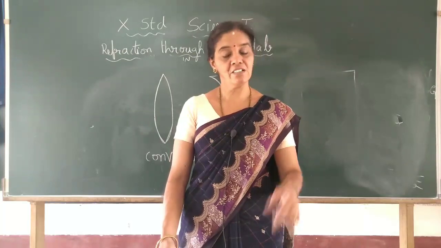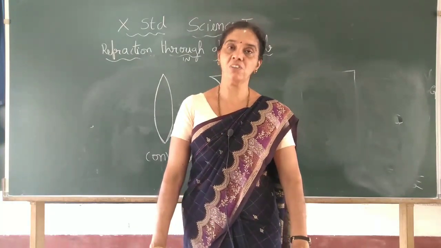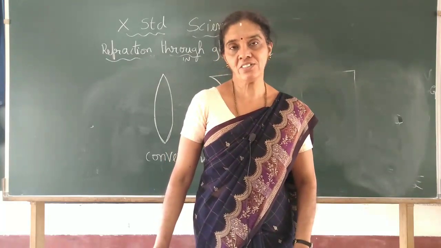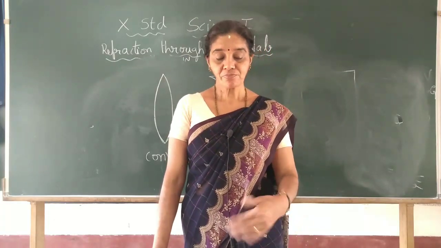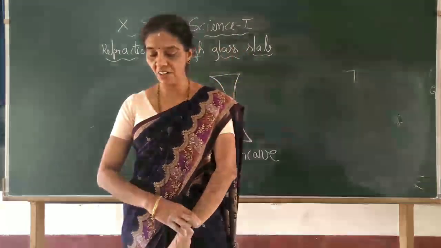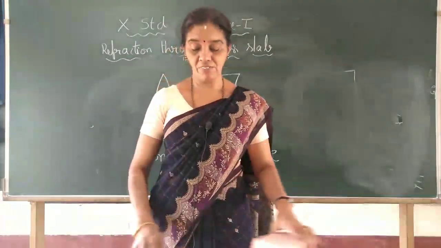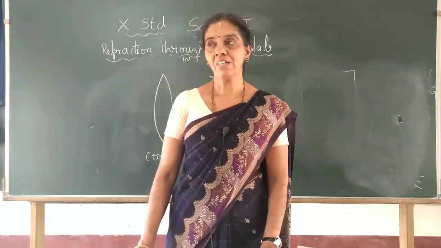So at home you can see whether it is a convex or a concave lens, and how refraction takes place in a convex or concave lens, we will study in the next class.